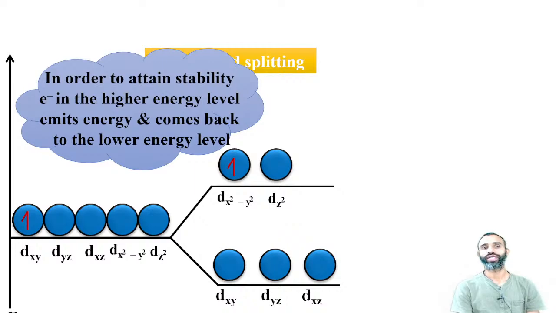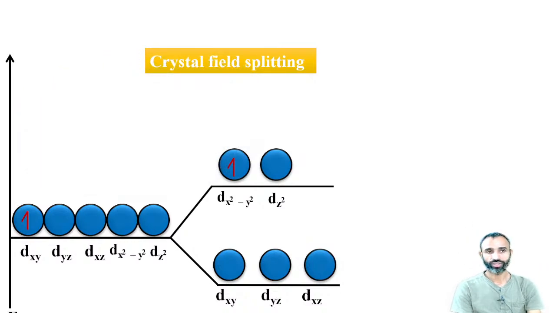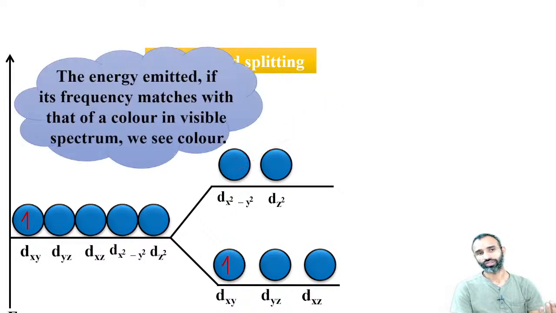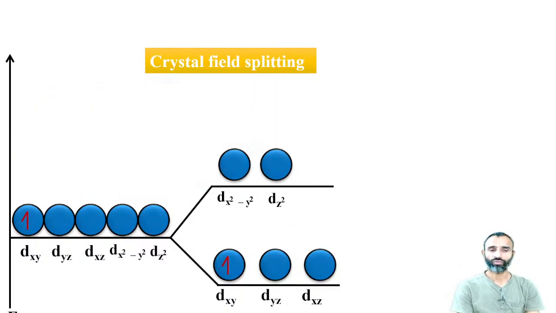In order to attain stability, electrons in the higher energy level emit energy and come back to the lower energy level, and energy is released. And this energy emitted, if its frequency matches with that of the color in the visible region, then we see color. It is not always true, but most of the d-d transitions are in the visible region.